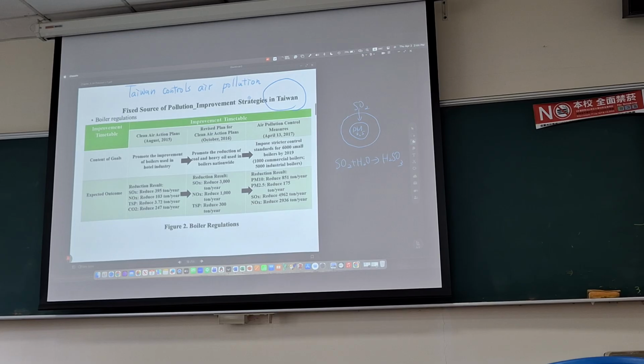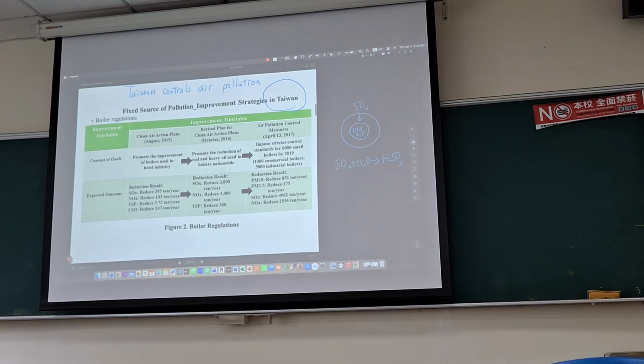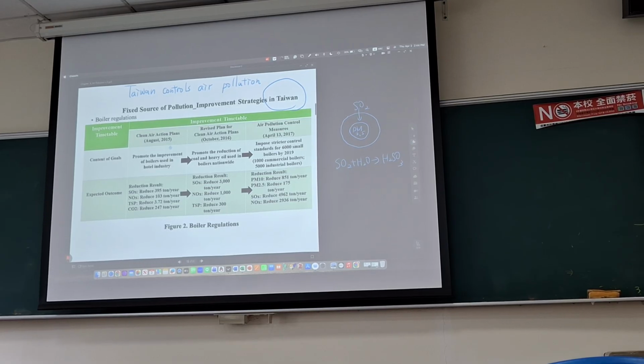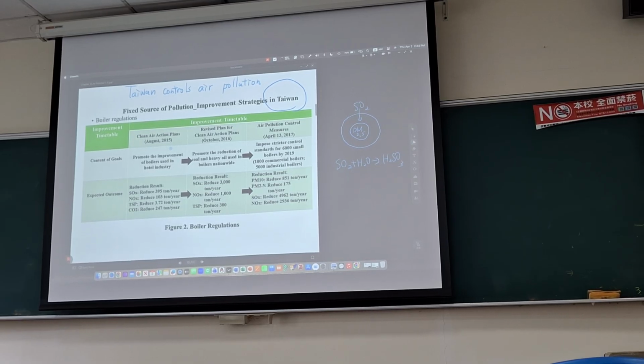The first one is about boilers used in the hotel industry.